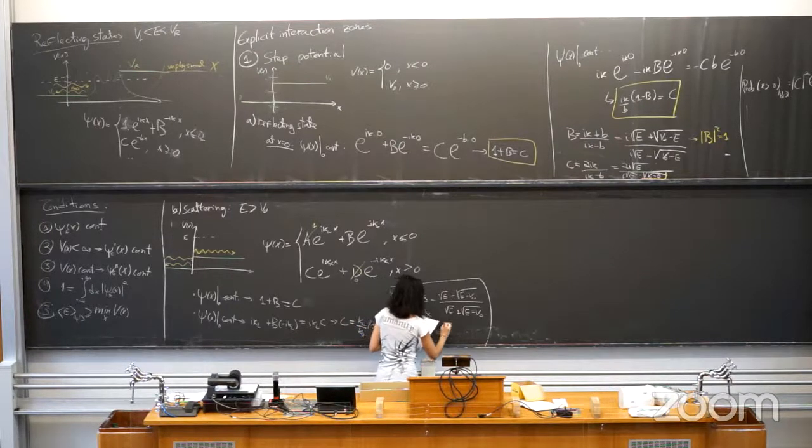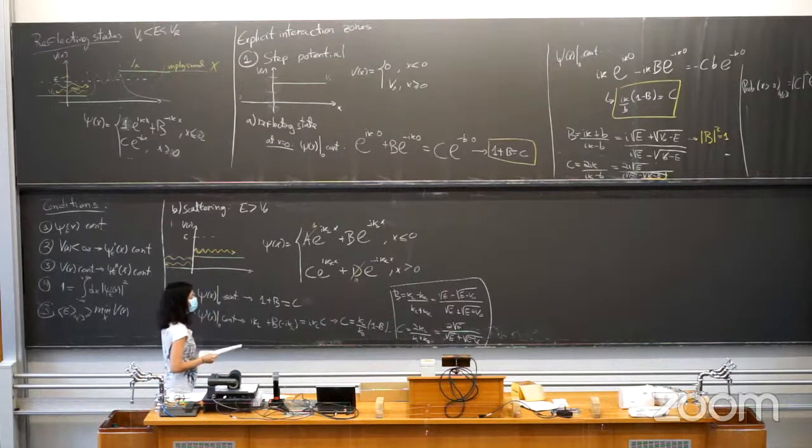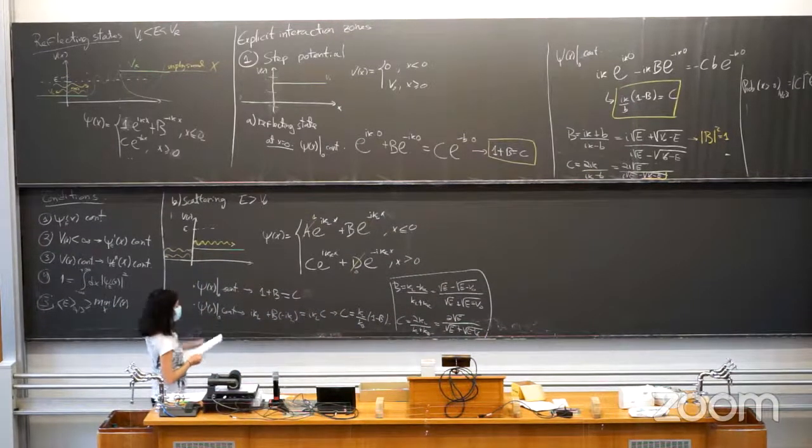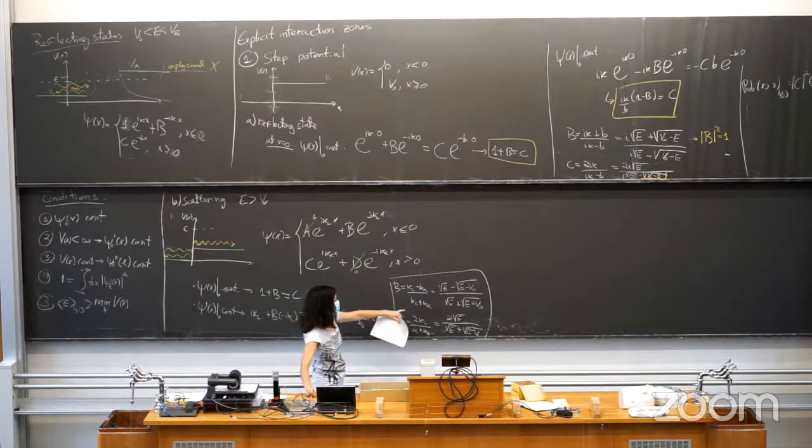2 square root of E over... So in the tutorial, you will now compare these coefficients A, B, and C. Well, A is 1, but B and C... you can see already that B squared is no longer going to be a 1.